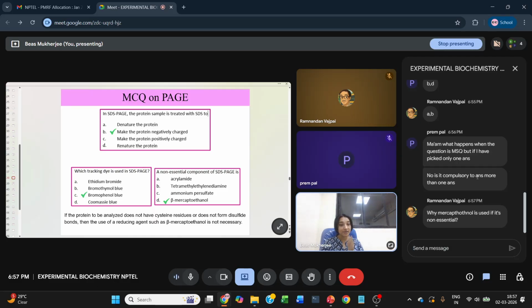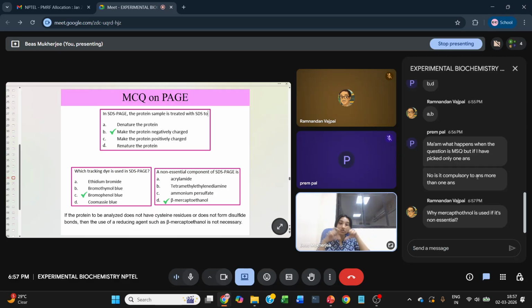In the MSQs in GATE, it is written that if, let's say, there are two or three correct answers and you are marking only one of them, you will get partial marks. And if in that particular MSQ you mark an extra option that is not correct, they are going to deduct marks.